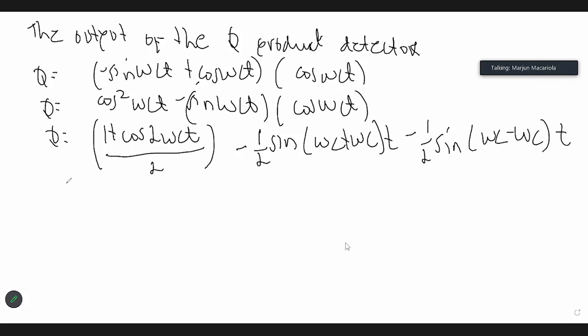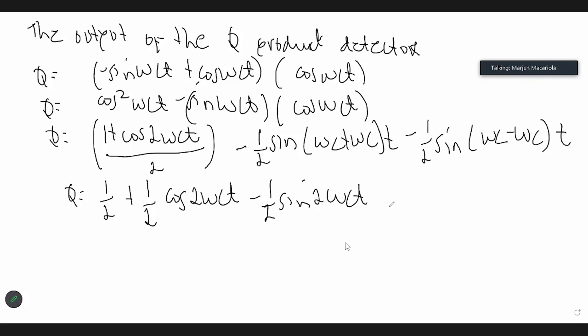Okay. So, let's simplify. Q is equal to 1/2 plus 1/2 cosine 2 omega ct minus 1/2 sine 2 omega ct minus 1/2 sine 0.